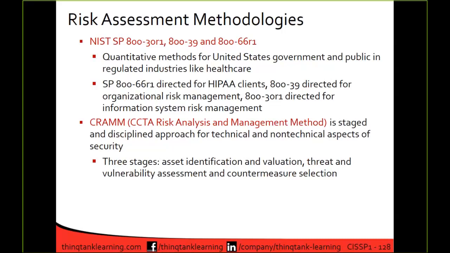The CCTA risk analysis and management method basically just breaks it down into 3 stages. You're going to see commonality with all of these disciplines.